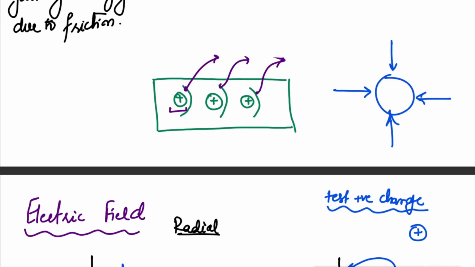We know that gravity is attractive, so just for the sake of testing, we bring a test mass close to an object that exerts a gravitational field and see what happens. This object is going to attract this mass, and gravity is always attractive, so this is why the gravitational field is always going to be pointing like this.